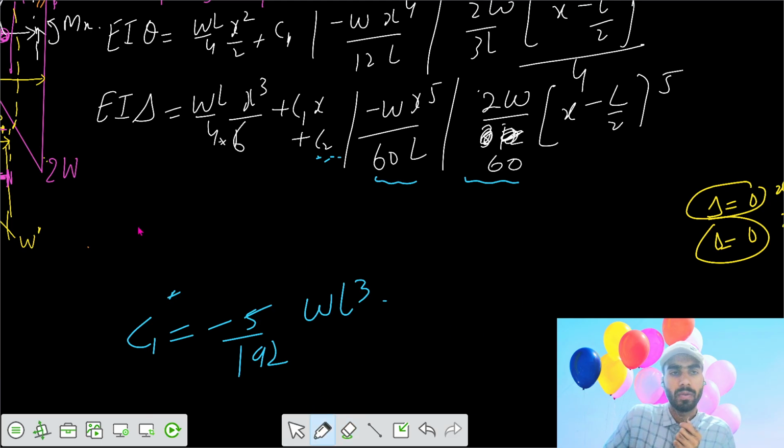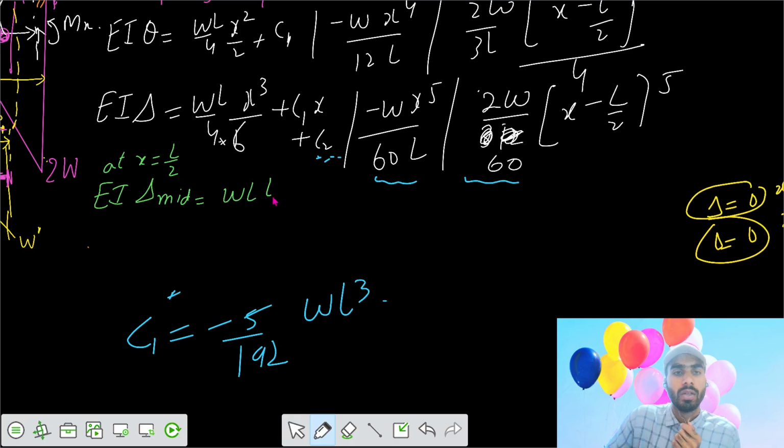Say we are substituting the value here, EI delta maximum, delta mid, at x equals L by 2. We can substitute the values: WL into L by 2, over 24, plus C1 minus 5 by 192 WL cube into L by 2.